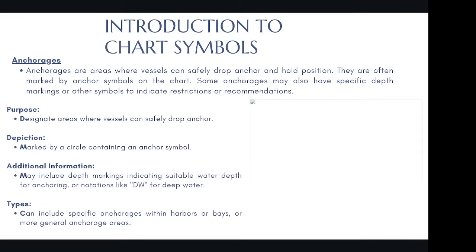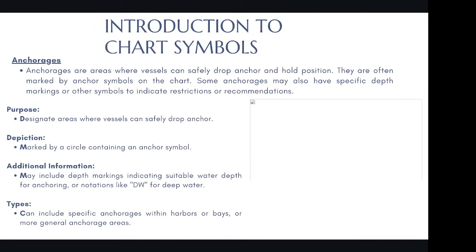We also have here what we call the anchorage. The anchorages are the areas where vessels can safely drop anchor and hold position. They are often marked by anchor symbols on the charts.